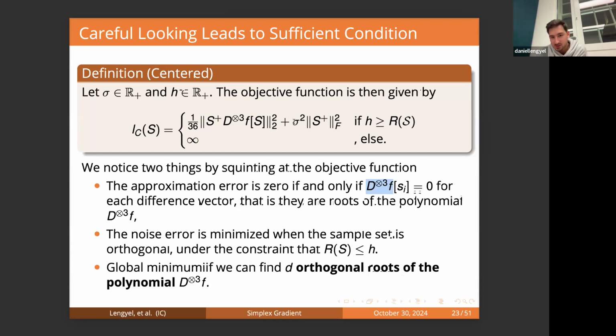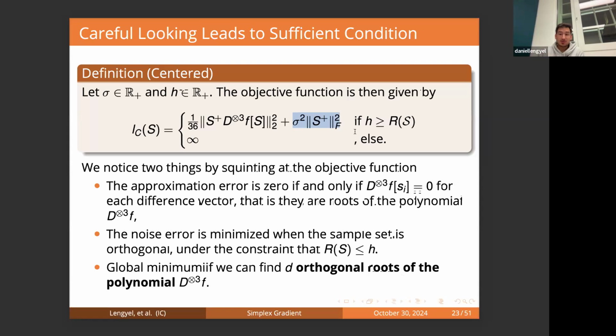Now the second term is still here. The noise error is minimized when the sample set is orthogonal, which is already the case for the centered finite difference method. But maybe the alignment of the difference vectors doesn't actually give you roots. So maybe it's just not right aligned, and we'd have to find the right alignment.